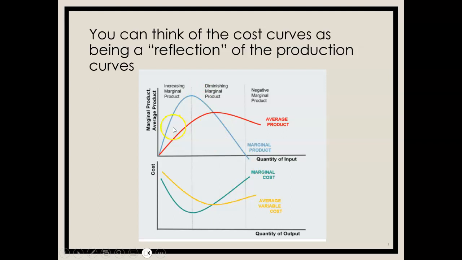And just like marginal product passes through the peak of average product, marginal cost passes through the bottom of average cost. So all the product curves, because of the law of diminishing returns, look like humps, while all the cost curves, that is the marginal and average cost curves, have a U-shape. That's all because of the law of diminishing returns.